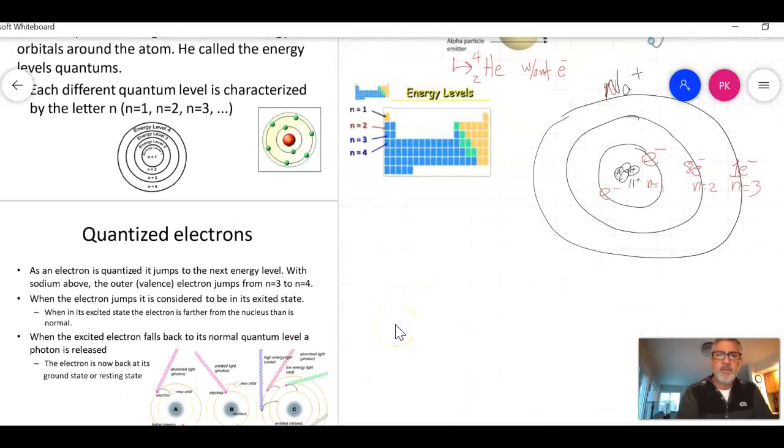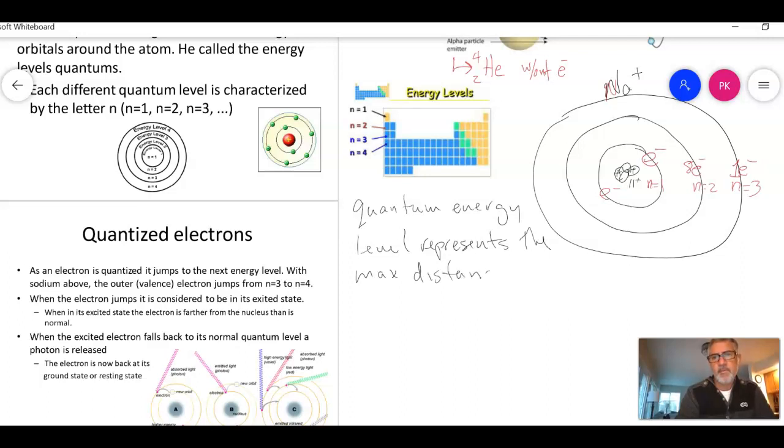So let me explain this. Quantum energy level represents the maximum distance an electron can be found from the nucleus.